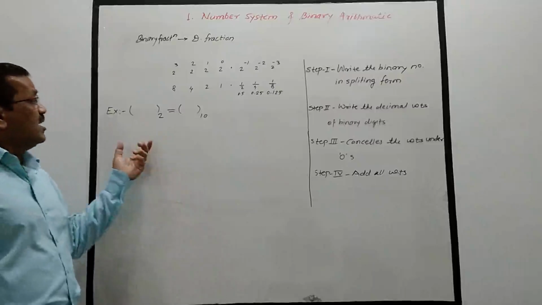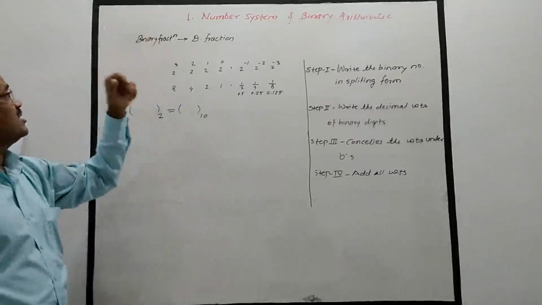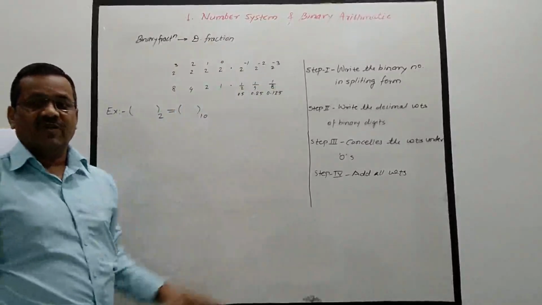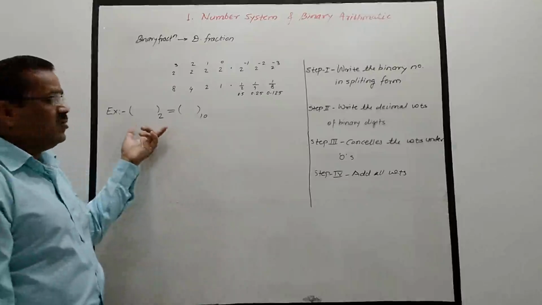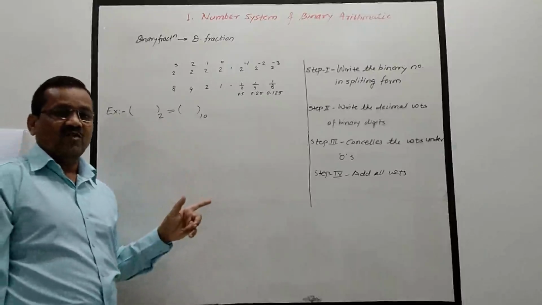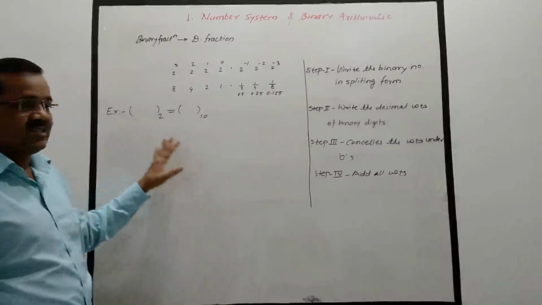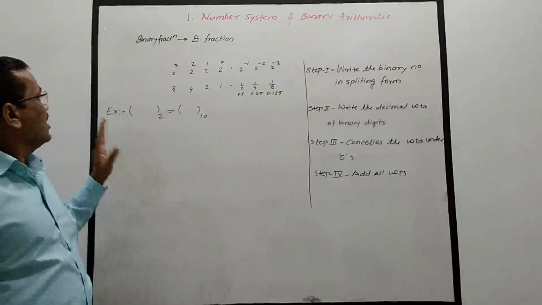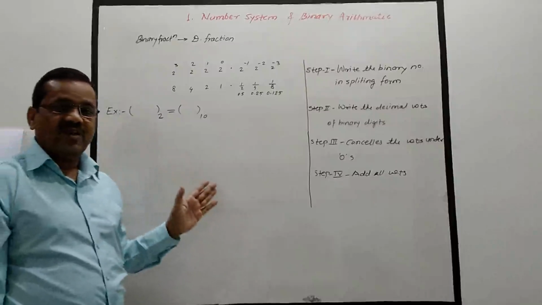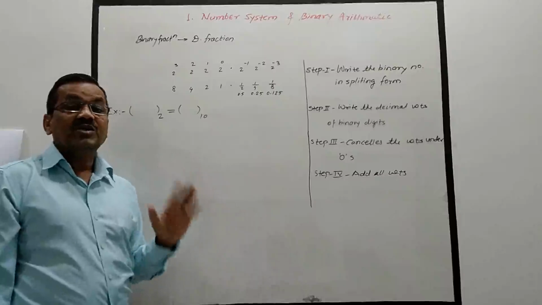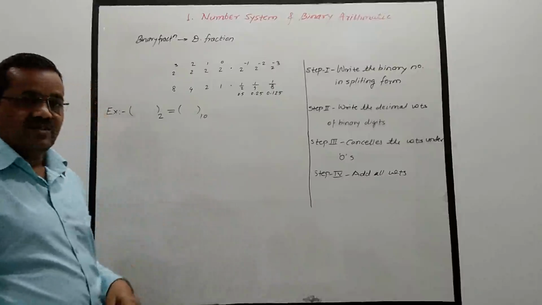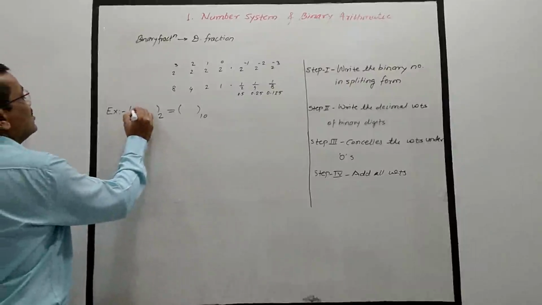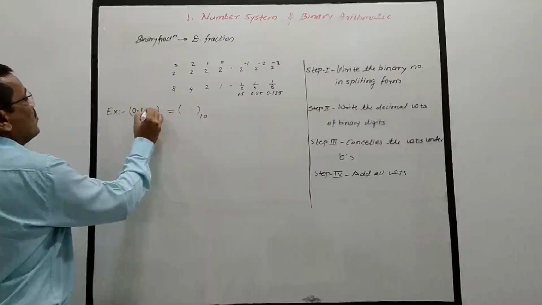To understand the conversion process of binary fraction to the decimal fraction, we have to take one example, and from that example you can easily understand how we convert the binary fraction number into its decimal fraction. So example will be like this: 0.101.